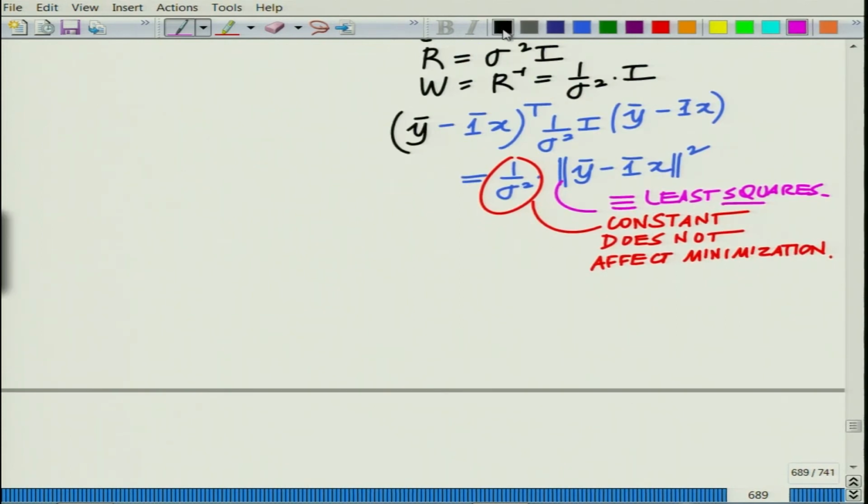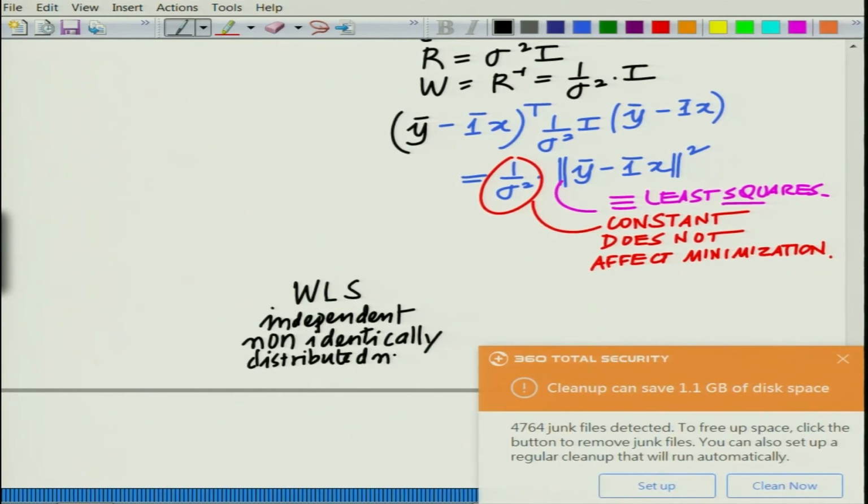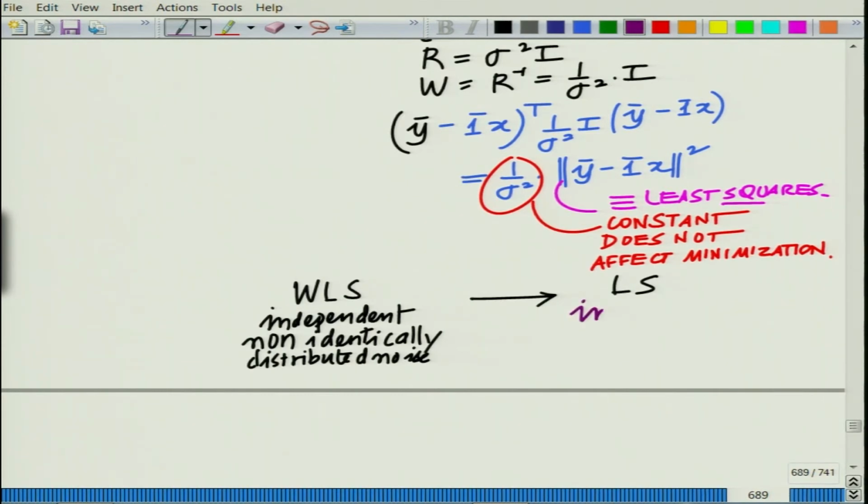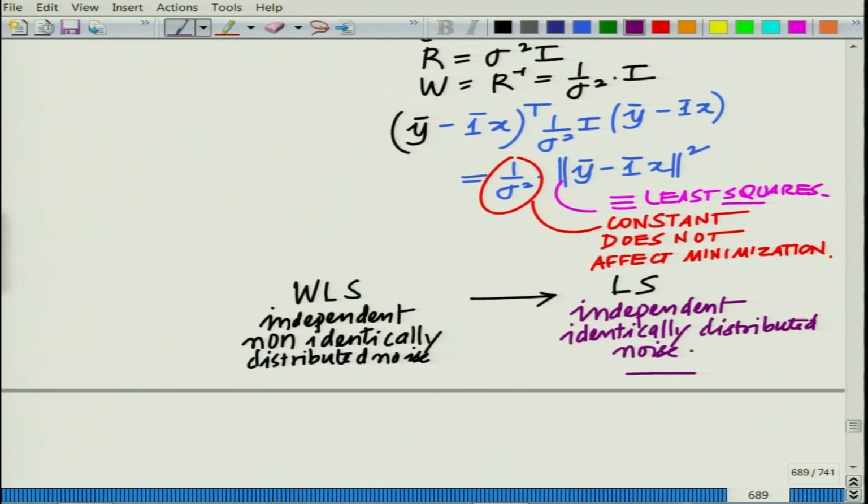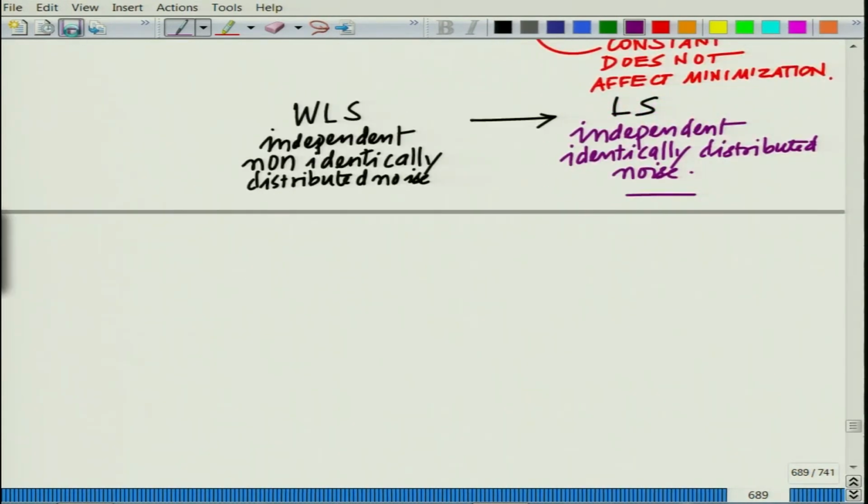So, the way to think about this is weighted least squares is for independent non identically distributed noise. And this becomes your least squares for independent identically distributed noise, and now we can write this as the following thing.